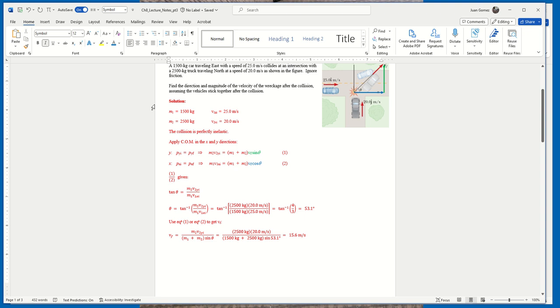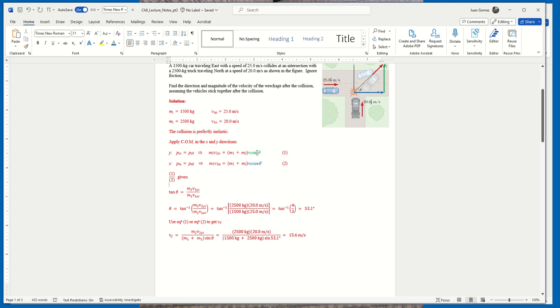Now, why did I decide to write them in this order? Why did I do Pyi equals Pyf and then Pxi equals Pxf? Well, look at equations 1 and 2. What if I take equation 1 and divide it by equation 2?